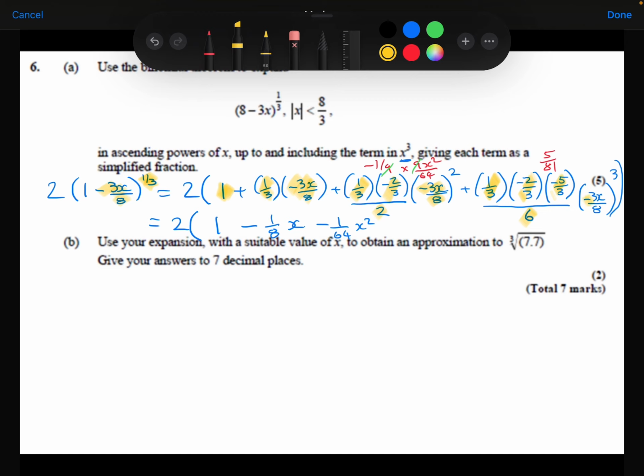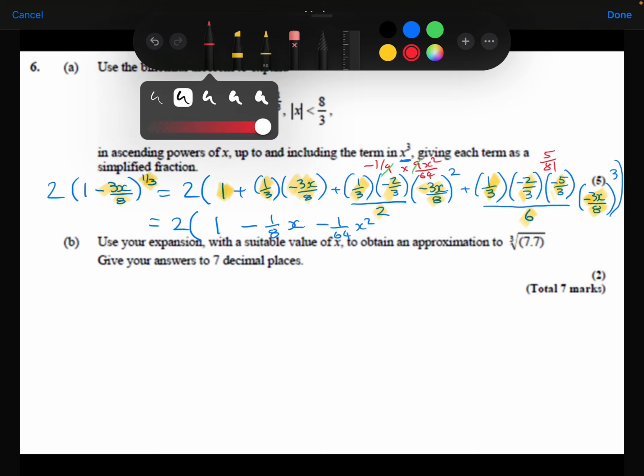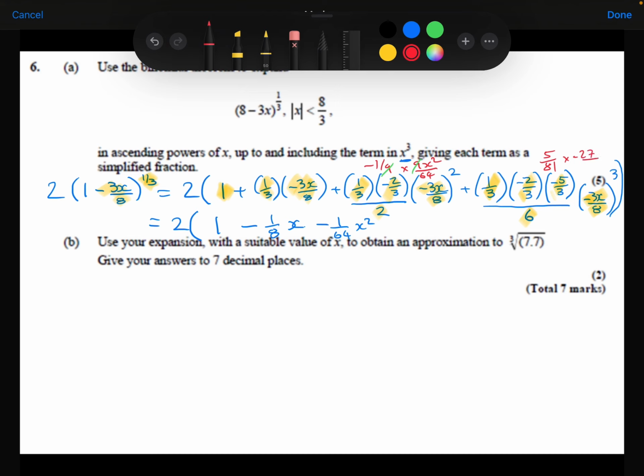Then we've got the minus 3x over 8 cubed. So the minus 3 cubed would be minus 27. And then we will have the 8 cubed, which is going to be 512, with the x cubed.